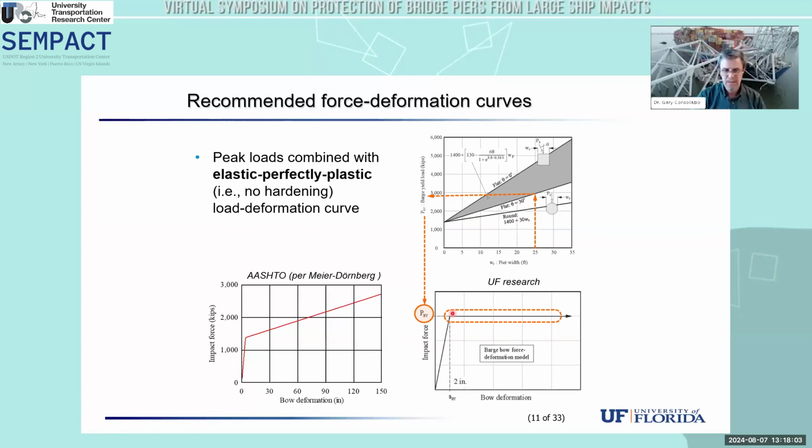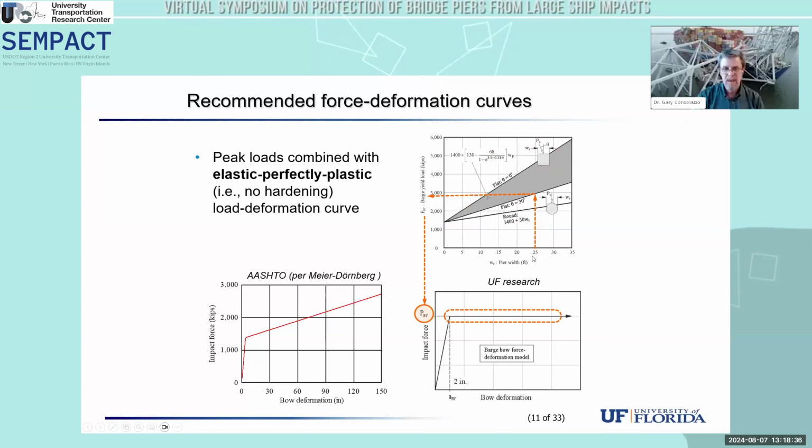In terms of determining the plateau level on this elastic, perfectly plastic curve, we use the figure that's above, where we go into this plot with the size of the impacted surface, for example, a pile cap or a column, and then we intersect the appropriate curve. So in the case of flat-faced impactors, we make use of the deviation angle, basically between the transit path of vessels, the waterway alignment center line, and the face of the pier.